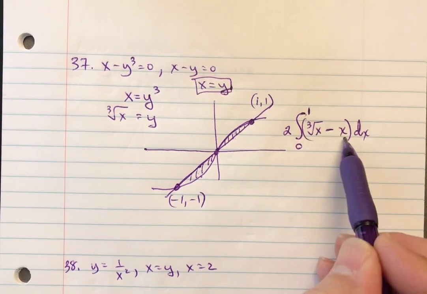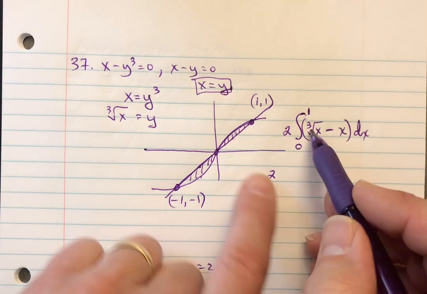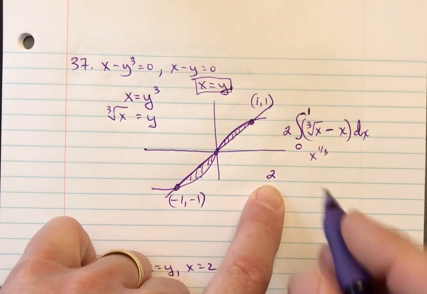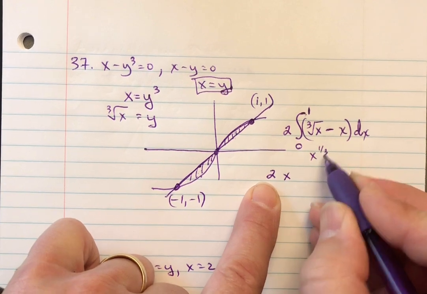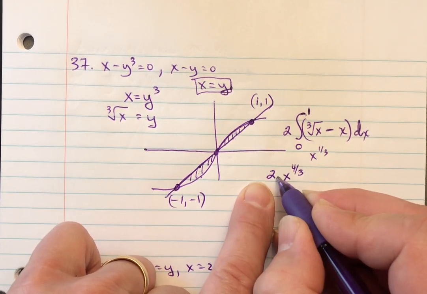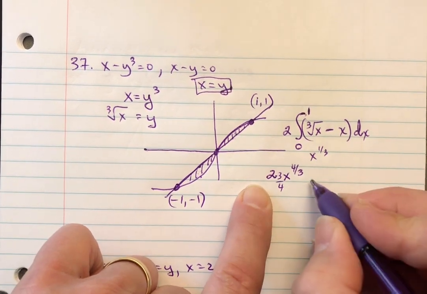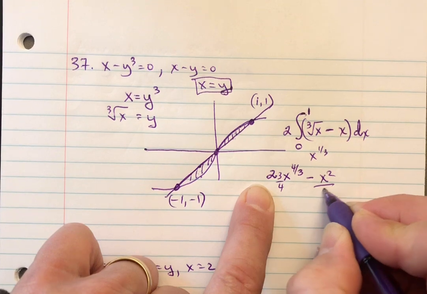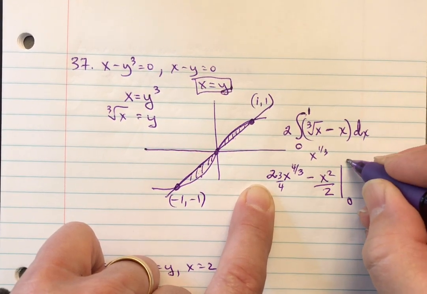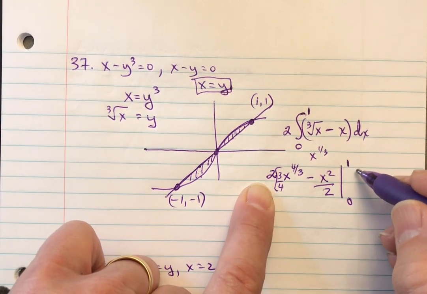Now, if you want to plug this into your calculator, that's fine. Again, I'm going to do this analytically. So this turns out to be x to the 1/3. When you add 1, you get 4/3. Divide by 4/3 is the same as multiplying by 3/4, minus x squared over 2. And then we're going to integrate from 0 to 1. Now, I need to double that whole thing.